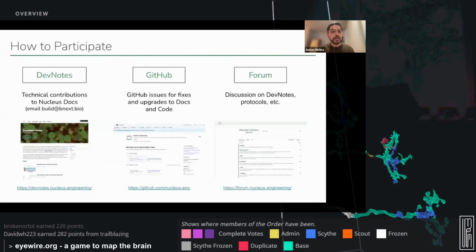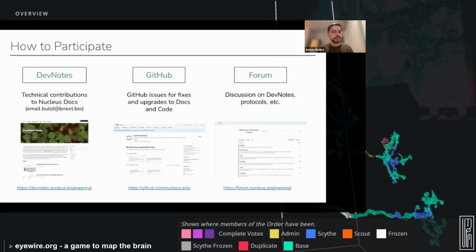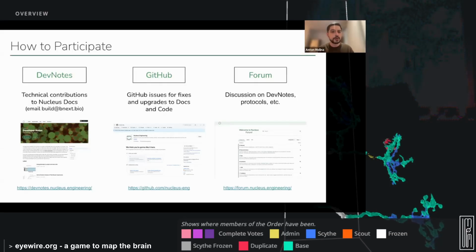Another question that often comes up is how to get involved. We've been incubating this project for a while now, and it's getting to a point where we want more and more participation at all levels. Here are a couple of paths.